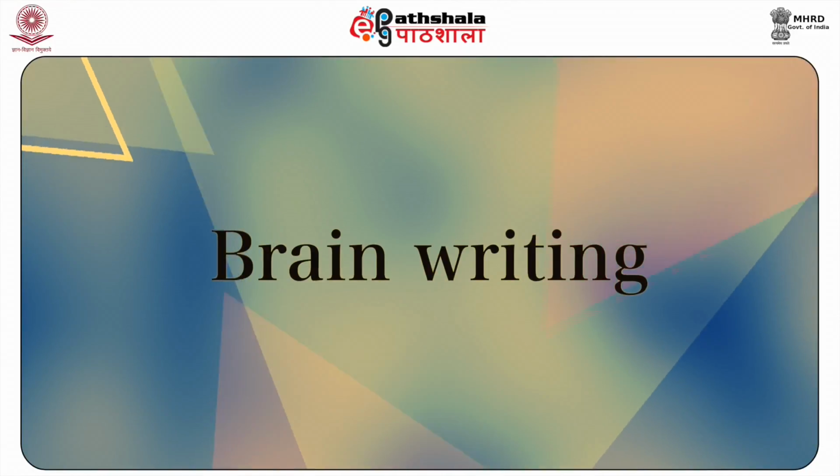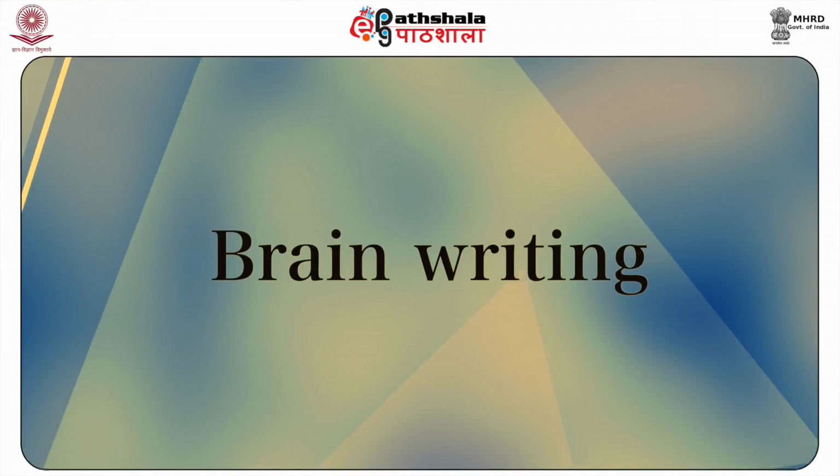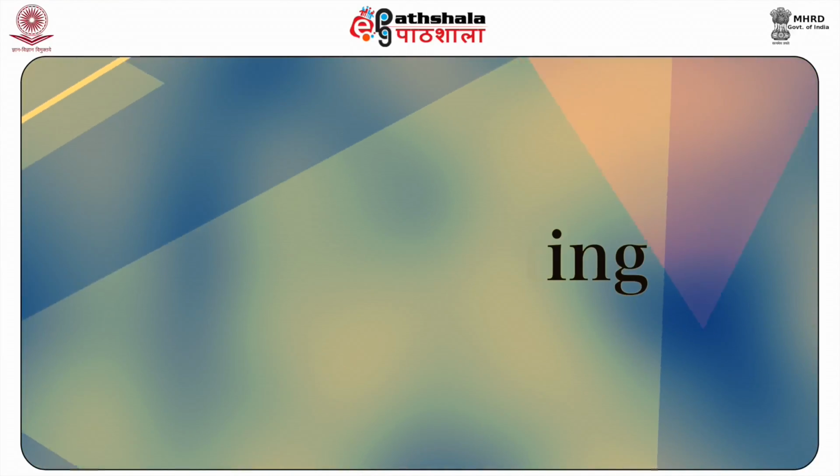Fourth, brain writing. Brain writing is a variation of brainstorming. It is in fact brainstorming done in a writing form. In brain writing, participants in a group are given more time to think and they are required to write down their ideas. It was developed by Bernd Rohrbach at the end of the 1960s. The participants are given special forms or cards.